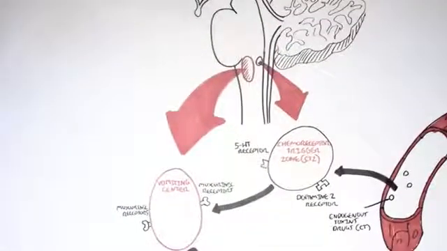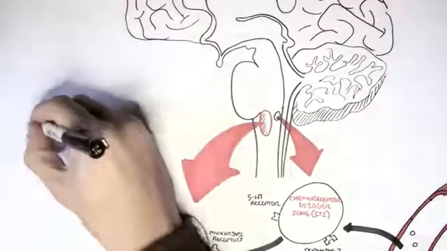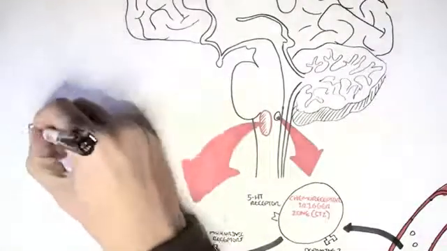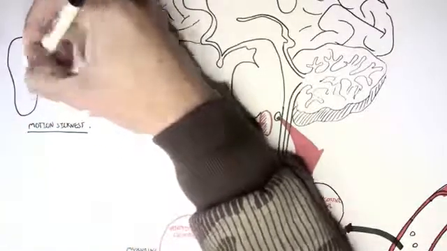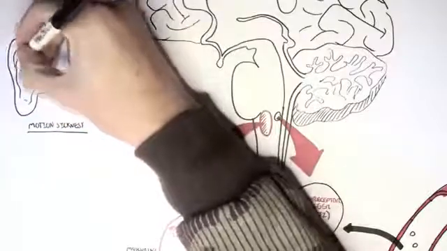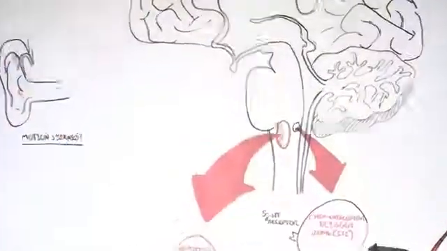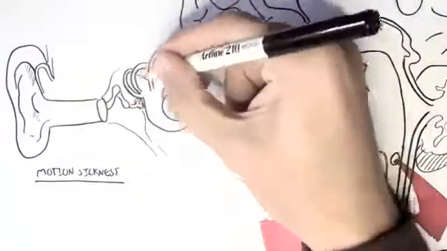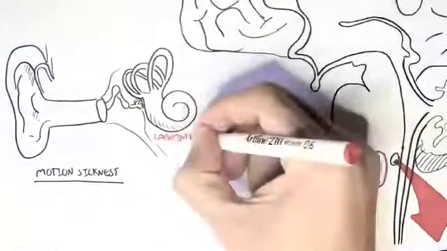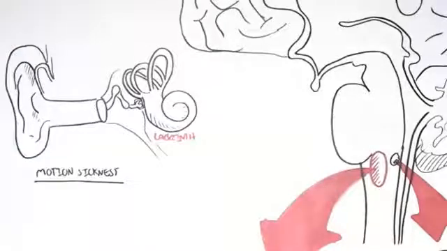Afferent impulses that activate the vomiting center to cause emesis can be due to activity of the vestibular nucleus, which mediates nausea and vomiting of motion sickness. So motion sickness related vomiting. How does motion sickness cause us to vomit? Let's have a look. Well, here we have the human ear, the outer ear, middle ear, and inner ear. In the inner ear, we have what's called the labyrinth, where the cochlea is, where we have hair cells which allow us to hear.